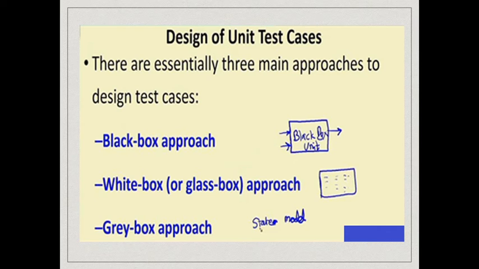We do not really need to look at the code, and neither is it a black box. We have knowledge which is intermediate between a black box and white box, and that is why it is called the gray box. If it is a pure function that we are testing, we need to test only black box and white box, but for classes and components, we might have to do gray box testing as well.